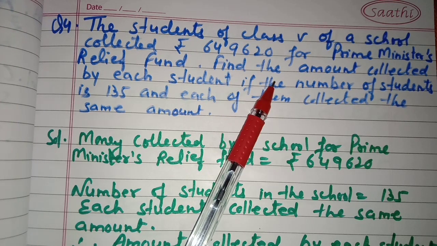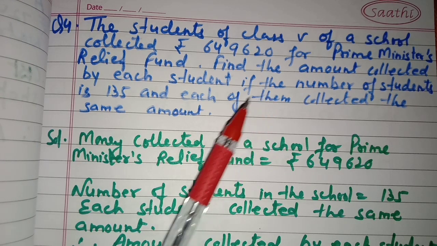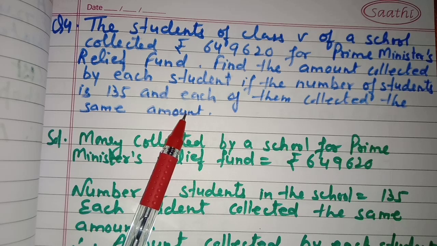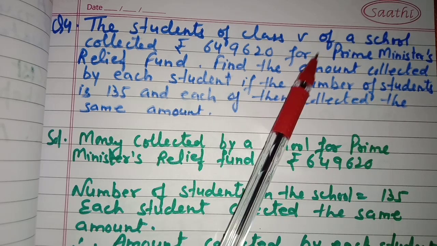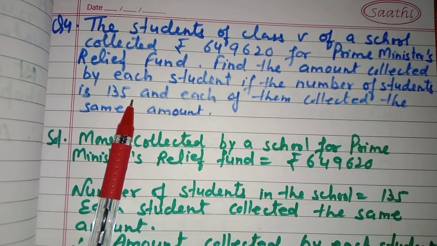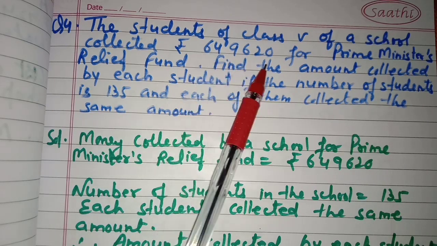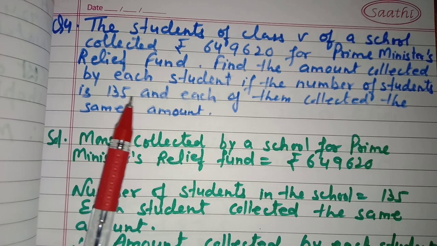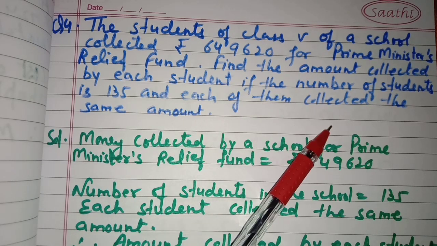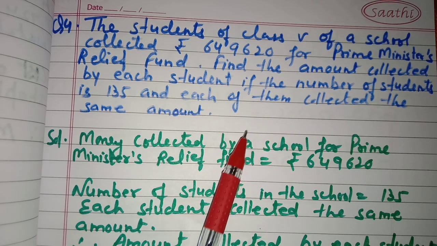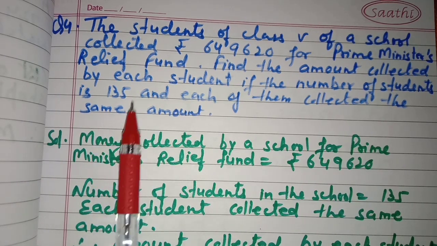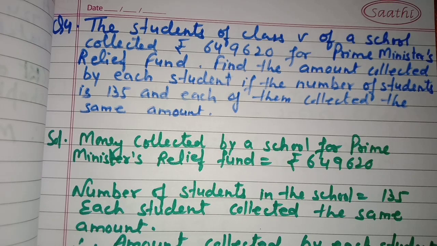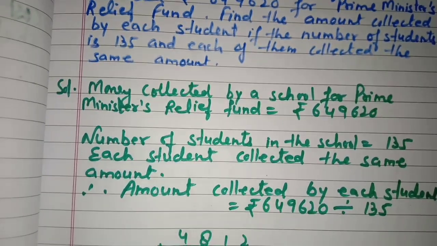Fine. So, if the number of students is 135, means in class 5 how many students are there? 135. Fine. So this amount is collected by 135 students and we need to find how much amount each of them collected. Fine. So if the amount collected by 135 students is given to us, we can divide and find the amount collected by one student. Fine.